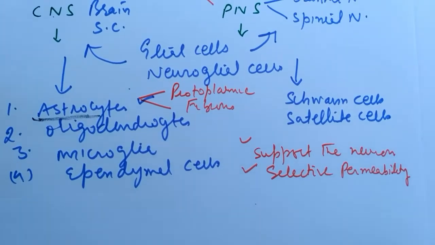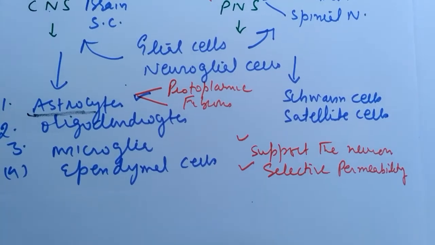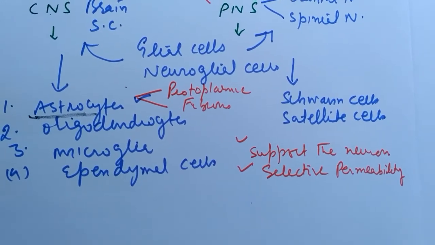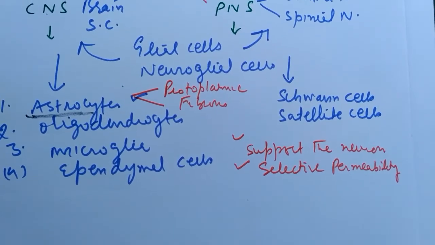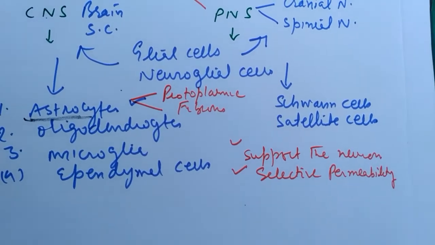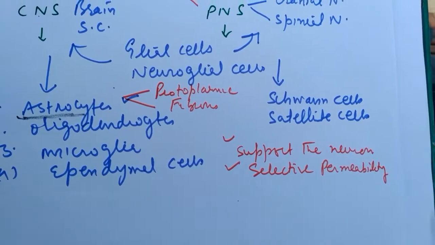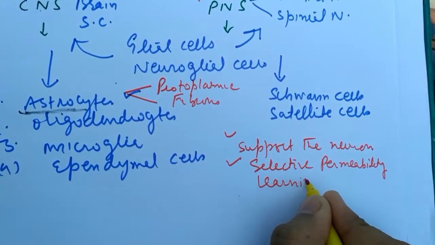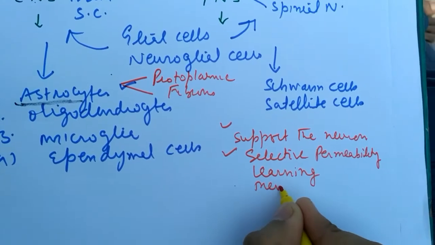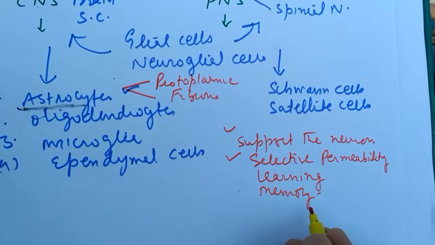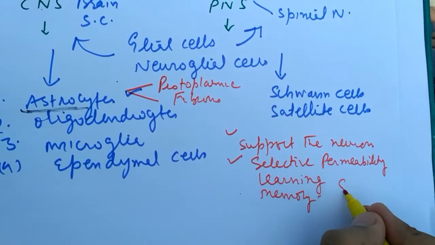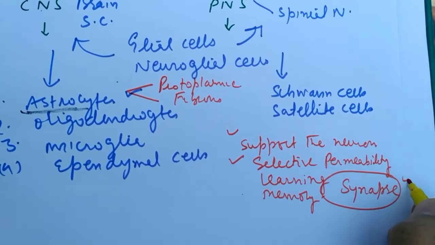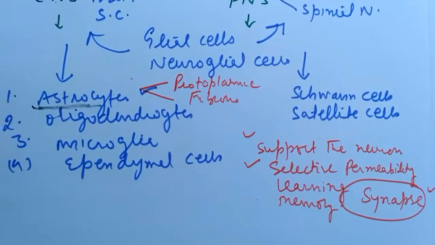So they help in maintaining the blood flow in the capillaries in our brain and spinal cord. They also help in maintaining the speed and nature of the nerve impulse. They also help in learning and memory build up by the formation of the synapse. What is a synapse? I will discuss it later on.